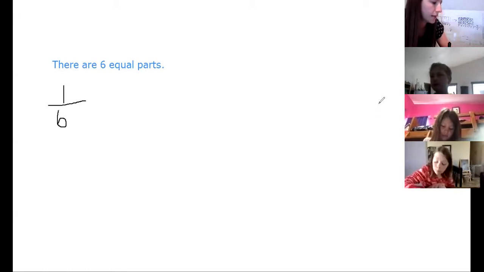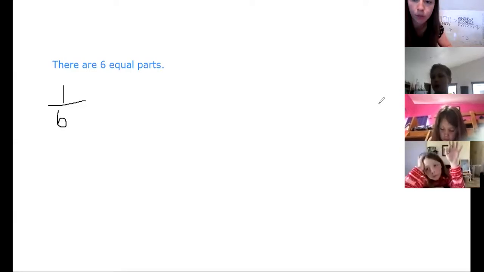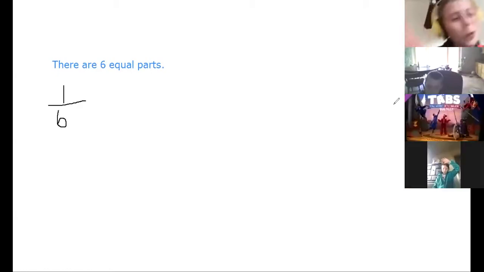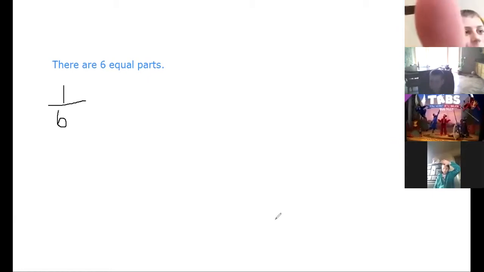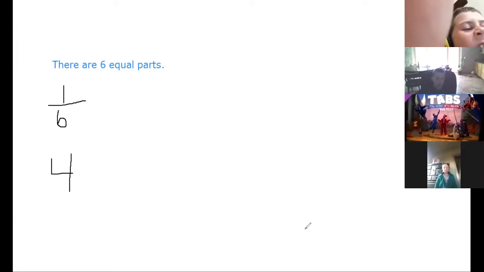Okay, let's look at number 3. So how many equal parts are in the whole shape? Go ahead, Aubrey, how many equal parts? 4. 4, very good. So the first number that I'm doing goes on the first line. So there are 4 equal parts.